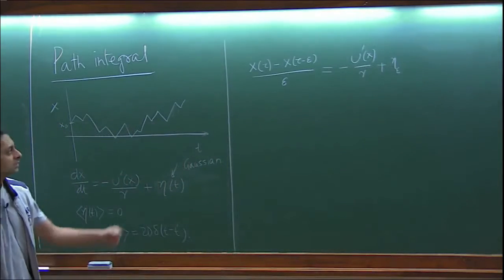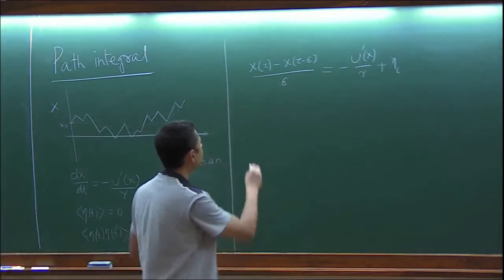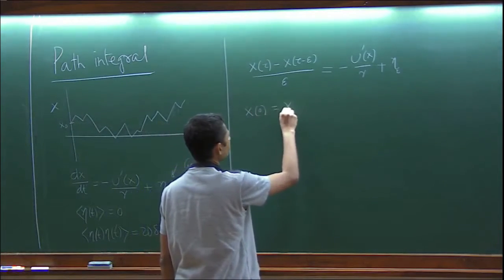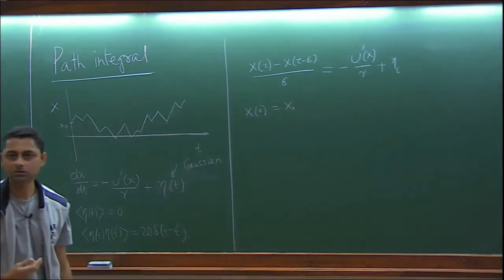How am I going to evolve this? Initially, let's say x at 0 is equal to x0.